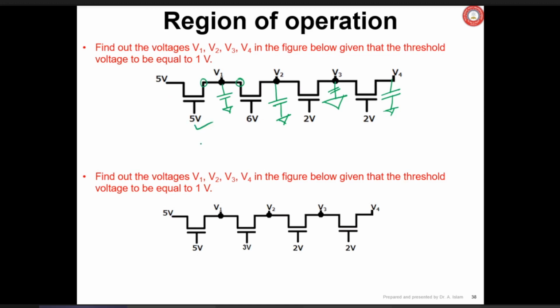Now you have put on this MOSFET by applying 5 volt at the gate, and already on drain side you have connected 5 volt. VT is 1 volt. So this MOSFET VGS initially, this is source, VGS is initially 5 volt, and VT is 1 volt.